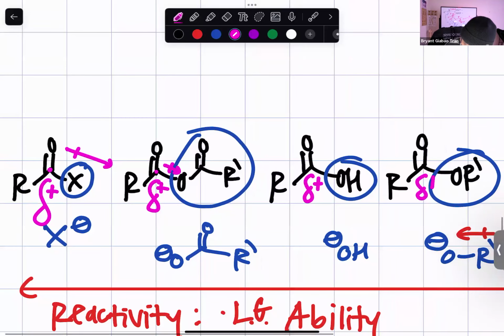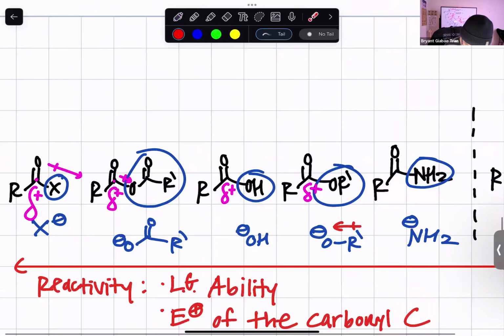The reason why I said the electrophilicity is not as big a factor as the leaving group ability is because the anhydride, carboxylic acid, and ester have the same atom, oxygen, which has the same electronegativity, which would pull on the carbonyl carbon the same amount, right? Which is why the partial positive charge of the carbonyl carbon is going to be the same.